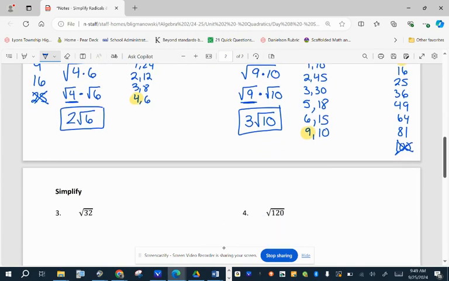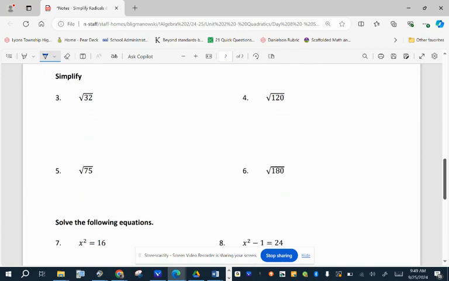Okay, let's do a couple more examples. All right, so 32. Again, I'm going to list factors of 32: 1 and 32, 2 and 16, 4 and 8. Those are all the factors. Then I'm going to think about my perfect squares. 36 is too big.